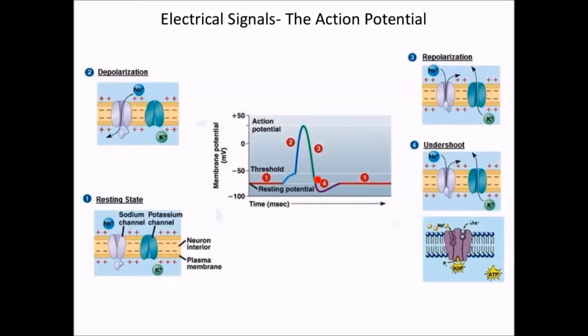The first part of the undershoot is due to voltage-gated sodium ion channels remaining closed, but voltage-gated potassium ion channels remaining open, allowing more positive potassium ions to flow out of the axon. The second part of the undershoot is due to the action of the sodium-potassium pump returning sodium ions and potassium ions back to their resting concentrations and resting locations, which is why we return back to resting state.